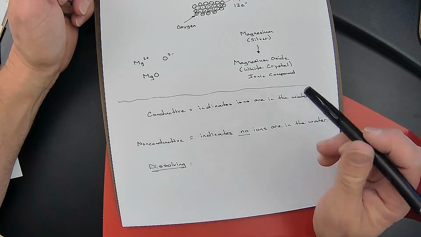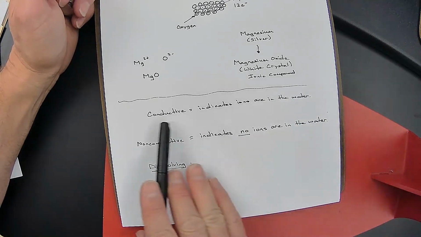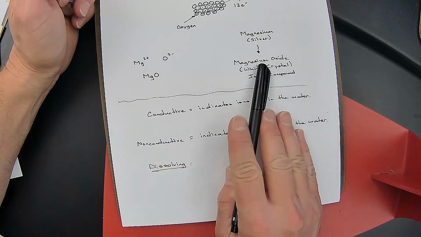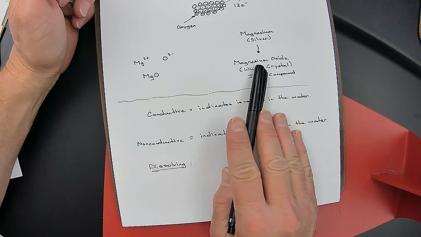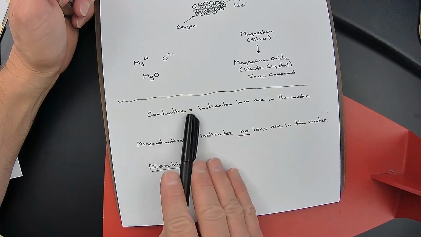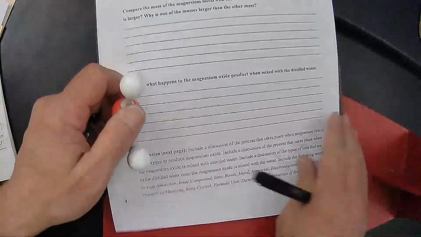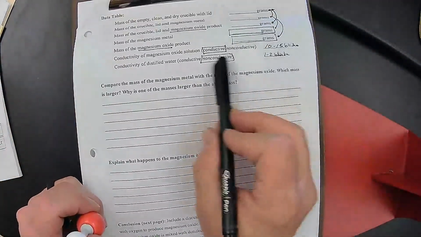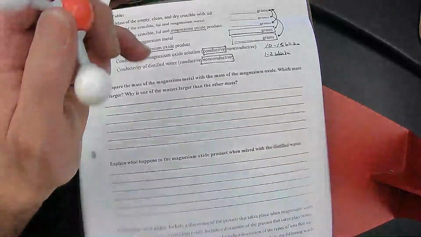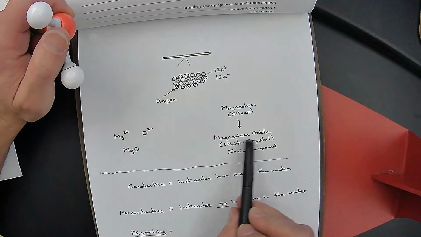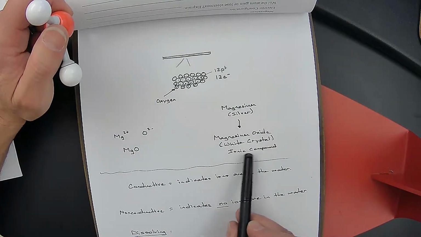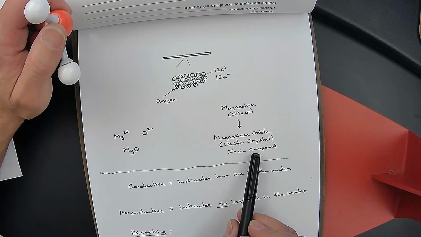So what we showed by placing magnesium oxide into water, seeing all of those blinks, and it being conductive, is that the substance we placed in water must be an ionic compound.